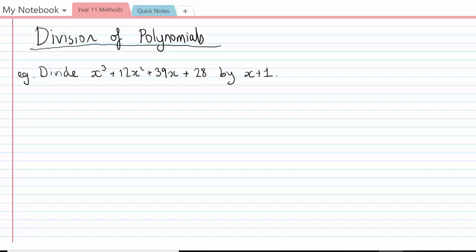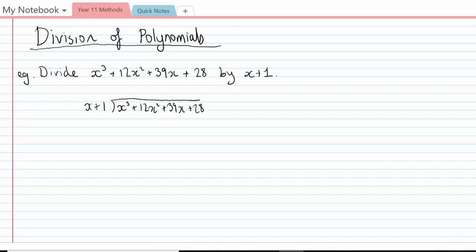To begin with, we're doing x cubed plus 12x squared plus 39x plus 28 divided by x plus 1. So I'll write the x plus 1 out the front, and then I'll write the x cubed plus 12x squared plus 39x plus 28 in here.